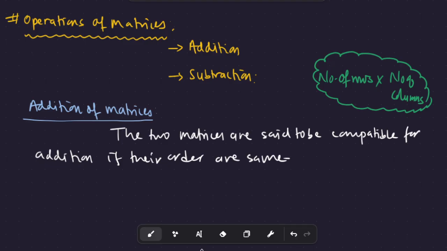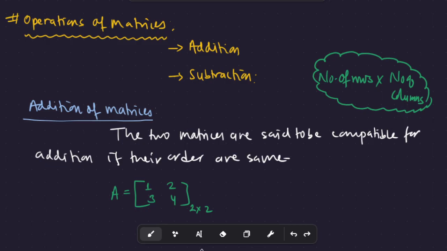If we say matrix A is 1, 2, 3, 4, it has order 2 by 2. It has two rows, the first row and the second row. The horizontal arrangement of elements are rows. There are two rows and two columns, so its order is 2 by 2.